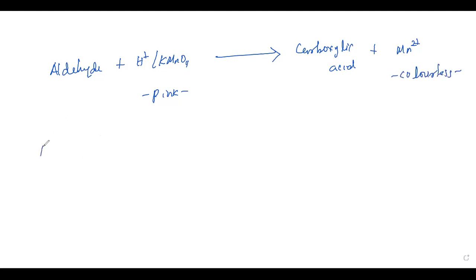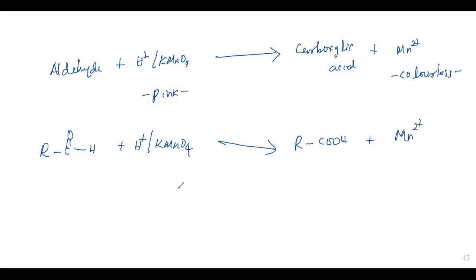The example is the aldehyde reacting with your permanganate ion and giving off the carboxylic acid RCOOH with Mn2+. Actually, the color of the permanganate is pink or purple, which is transformed into colorless.